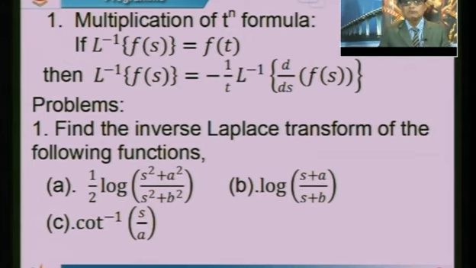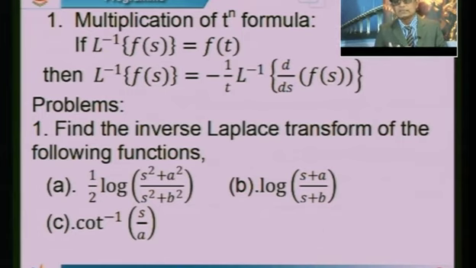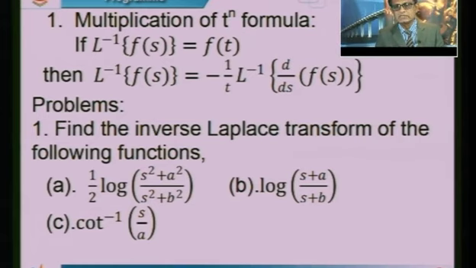If you see the first two examples, it is a logarithmic function, log of (s square plus a square) by (s square plus b square), or log of (s plus a) by (s plus b). It is a logarithmic function.